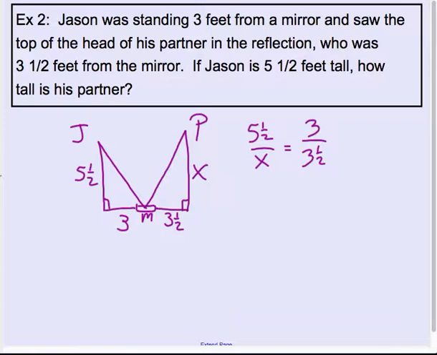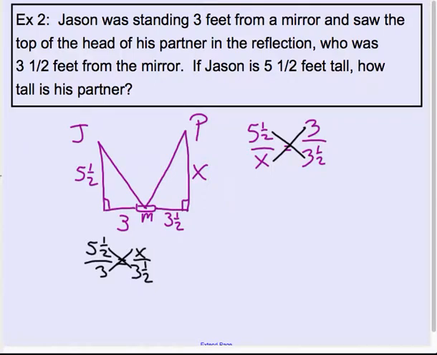You don't have to do side from the first triangle over side from the second triangle. You could do Jason's height over his distance from the mirror equals his partner's height over his partner's distance from the mirror. If you take a look, your cross products, 5.5 times 3.5 equals 3x.